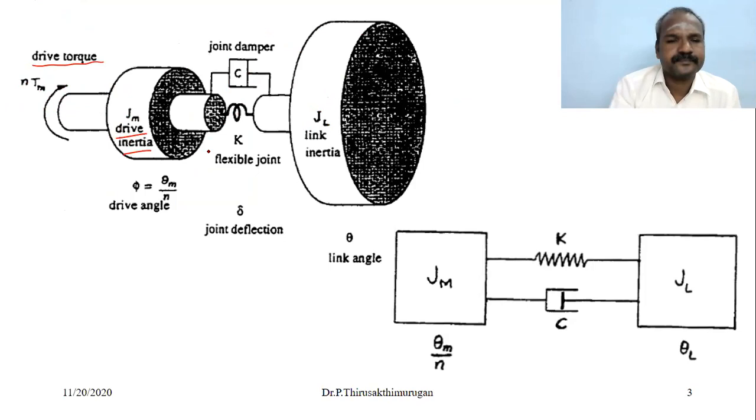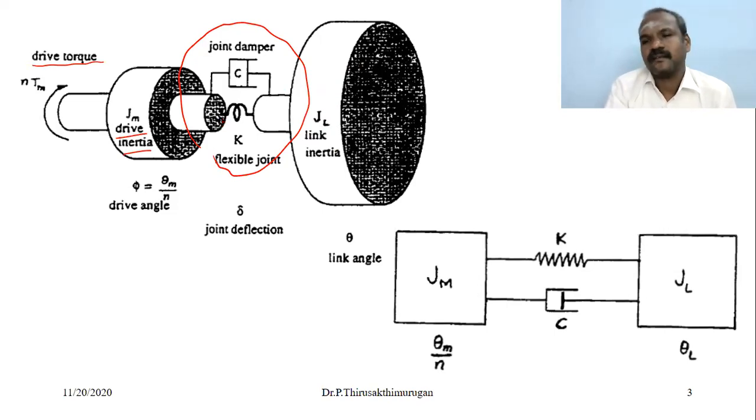This portion is the link inertia. The link is connected to the electrical motor, the actuator. Between these two there is a stiffness, which is a flexible joint motion. Similarly, the joint damper, which I represented as B, the stiffness K, and J, the moment of inertia. This is the typical representation of a joint.